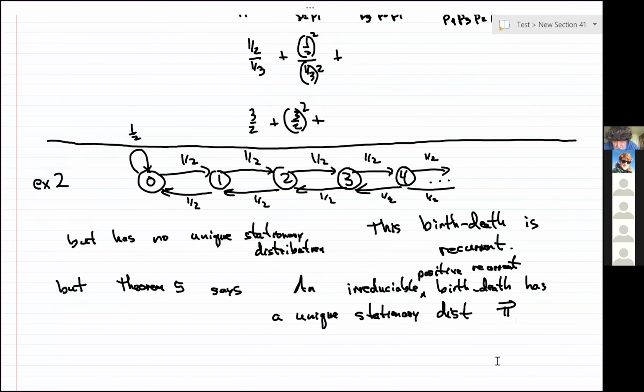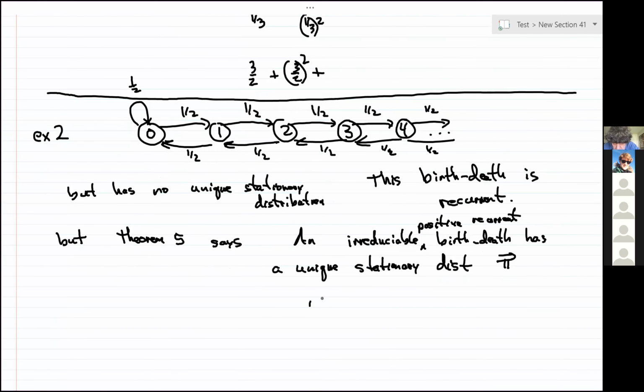And they actually even say more: pi at any state i is 1 over m_i, for all states i in the state space.